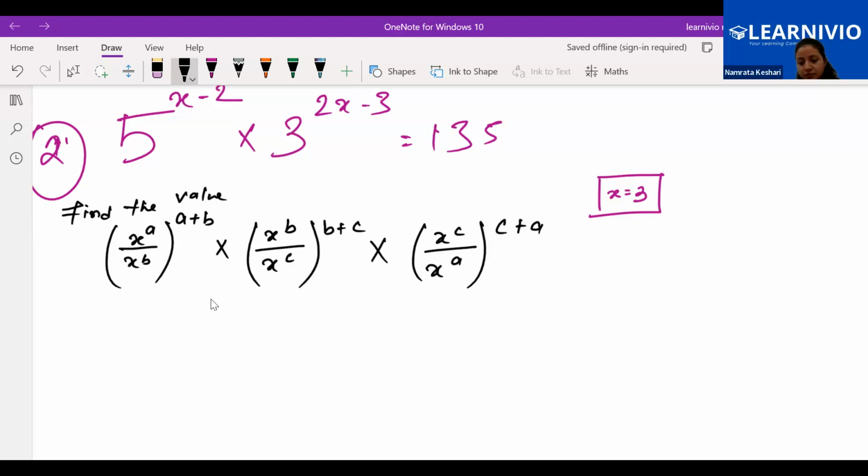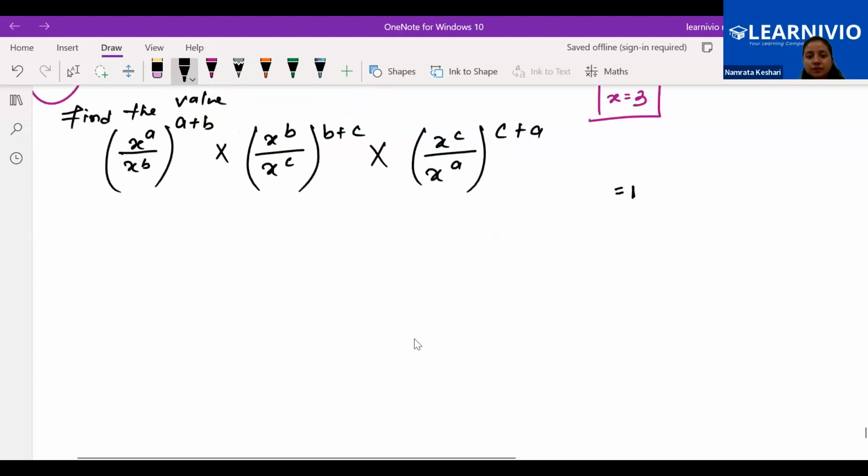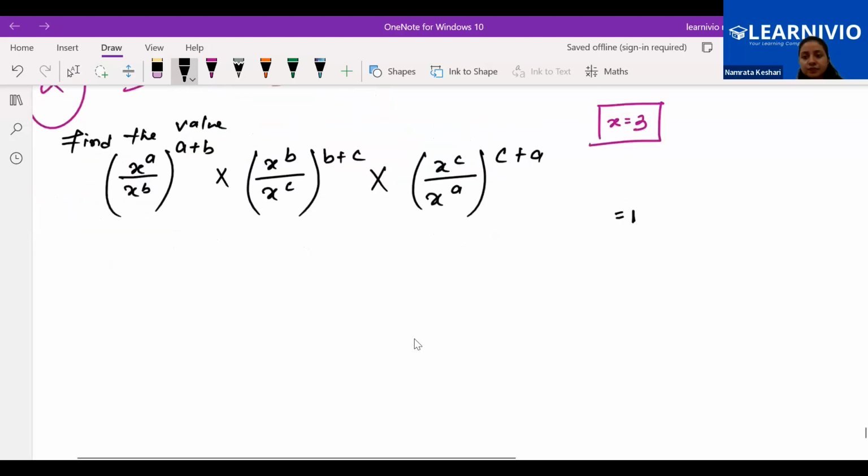Is it 1? Okay, Anam, you are getting 1. Yes, ma'am. We will check it. Not sure. Let other students also try it. Then we will be discussing. Ma'am, 1.